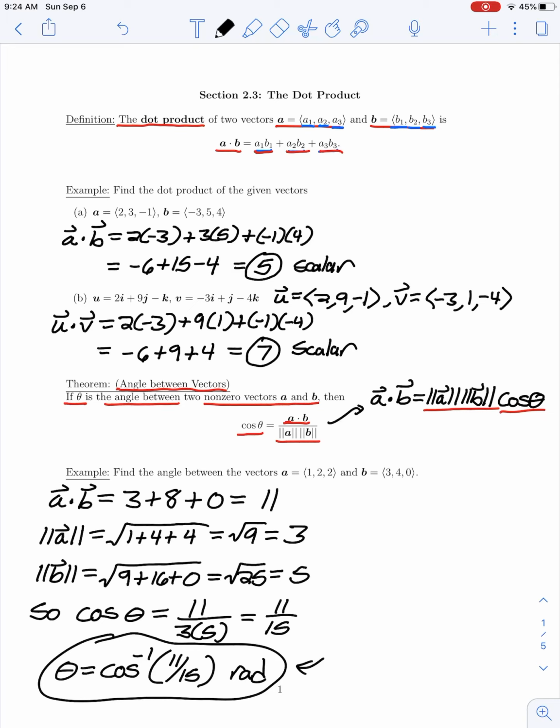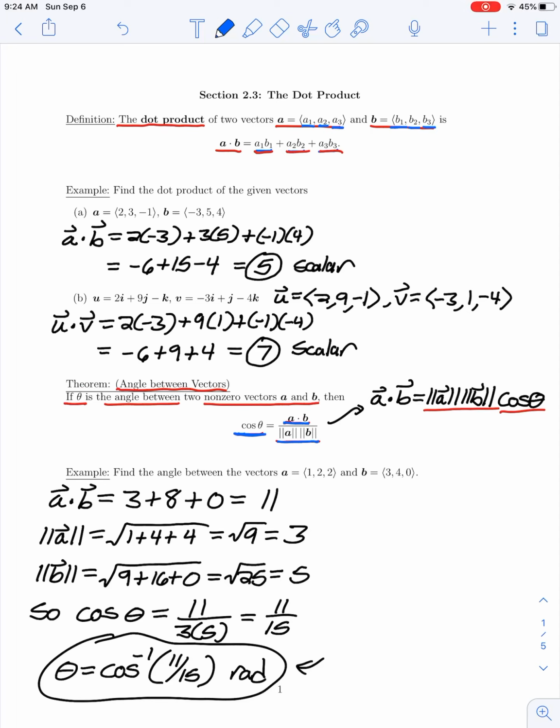So how can we make use of the dot product alone to determine whether that angle is acute, obtuse, or right? Let's think about our formula. If theta is the angle between the two vectors A and B, cosine of that angle theta is given by the dot product of A and B over the product of the magnitudes.